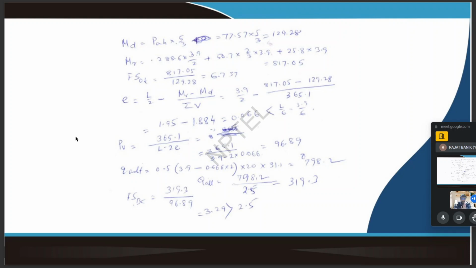Now we need to check the factor of safety again for bearing capacity failure. For this, we need to find out the eccentricity, and by finding the eccentricity, we conclude whether tensile stress is created or not at the base of the retaining wall.